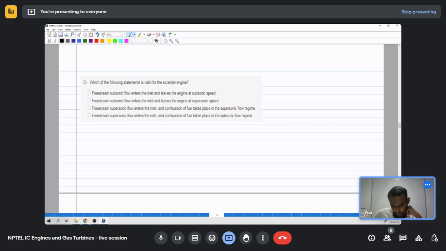It's the third one, option C. Yeah, C. At the inlet it is supersonic, and combustion also takes place at supersonic. Exhaust is also supersonic, but here it is not. Here this is subsonic and supersonic.